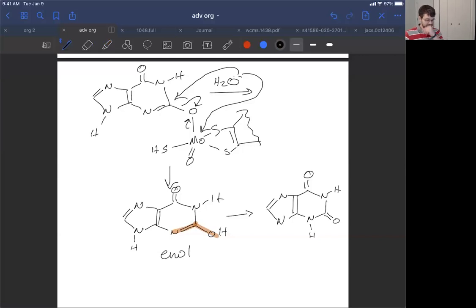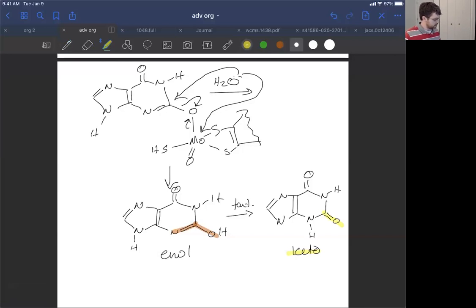Okay, so now this would be the keto form, and we get there by tautomerization. Keto. Okay, so there's the oxidation.